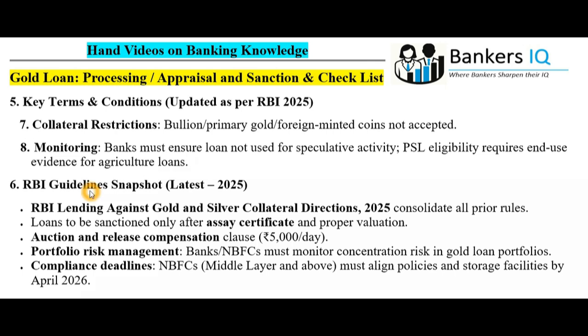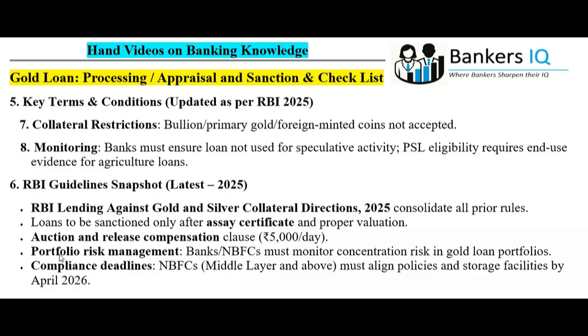Now, RBI guidelines snapshot, latest June 2025. The RBI lending against gold and silver collateral directions 2025 consolidated all prior rules. Loans are to be sanctioned only after the SS certificate and proper valuation. Auction and release compensation clause is 5,000 rupees per day for any delay.